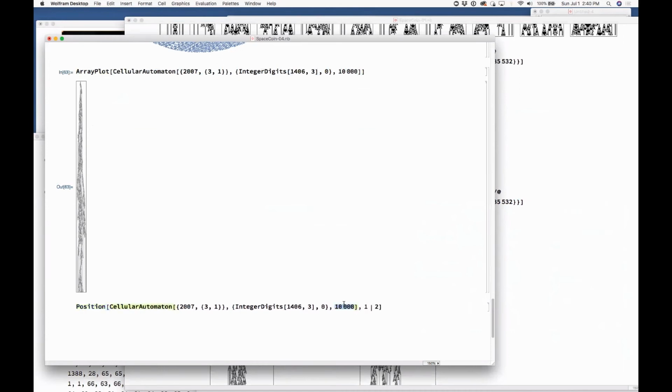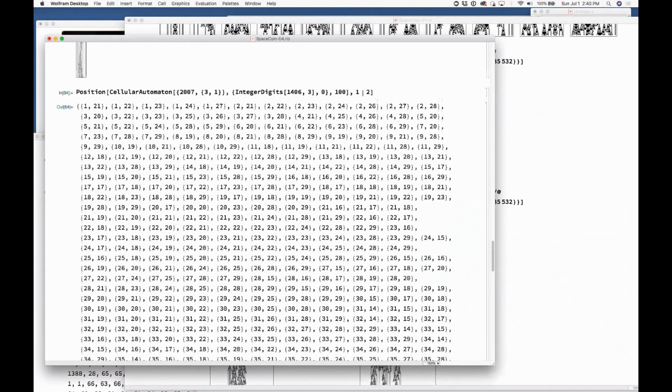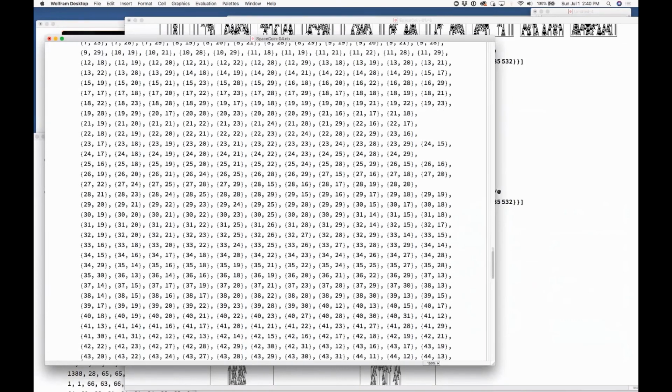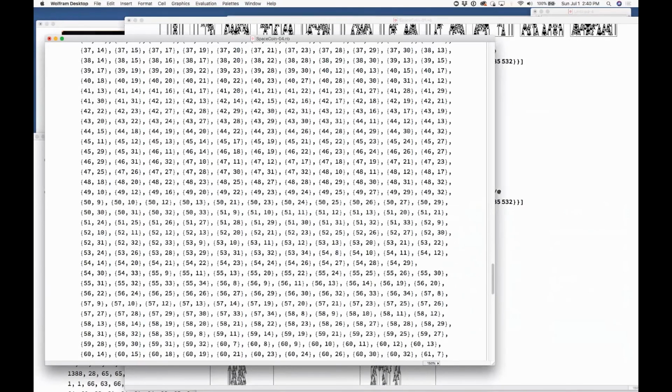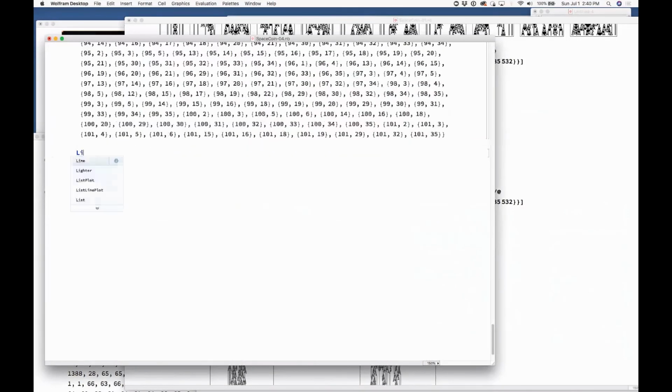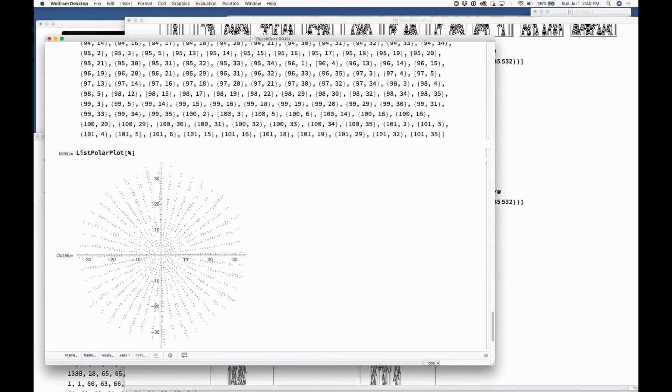And let's just do it in a simpler case just to make sure that we're not messing it up. Okay, so those are the positions. And so now, the most naive thing we could do is to just say list polar plot of that. Okay, that's completely uninteresting, but I don't really know what it did.